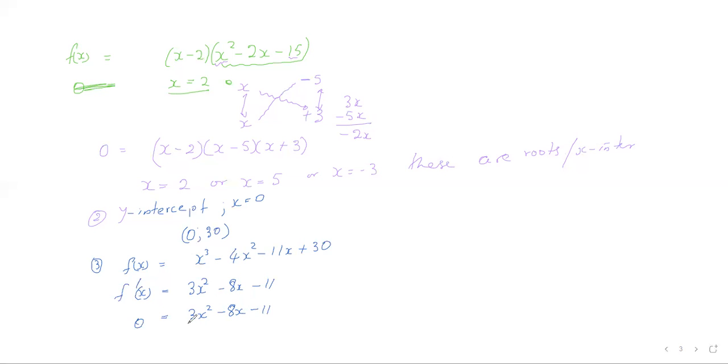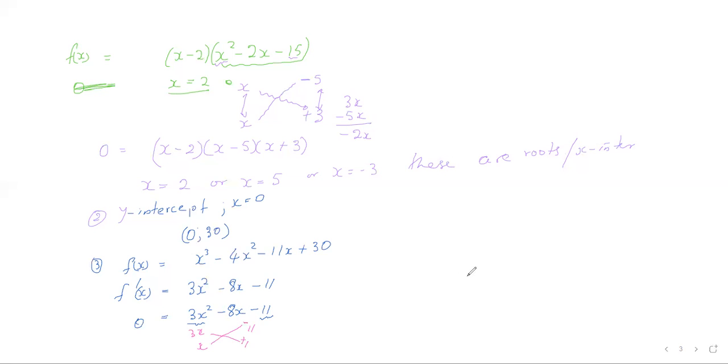Therefore, we look at that and that. The factors here will be 3x and x. And the factors here will be 11 and 1. If I multiply this, I get 3. If I multiply this, I get 11. 11 minus 3 is an 8, so this must be minus, and that must be positive.